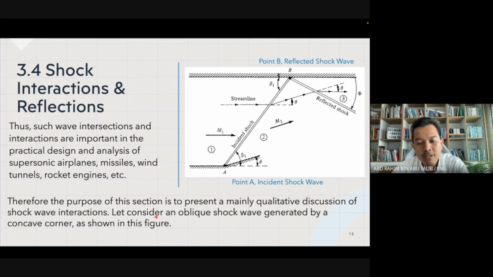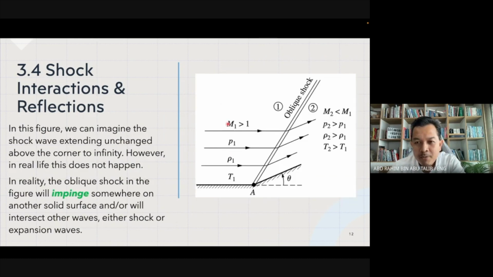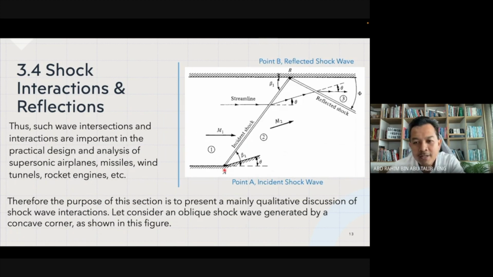Let us consider an oblique shock wave generated by a concave corner as shown in this figure. Just now in the earlier picture, we had only one deflection, but in the real case, the flow from region 1, when it is deflected by an angle theta, produces an incident shock.